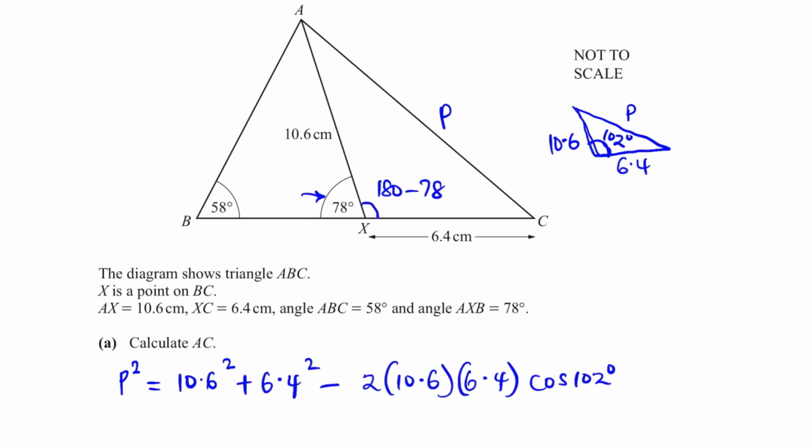Now, cos 102 degrees is going to be the same thing as negative cos 78.